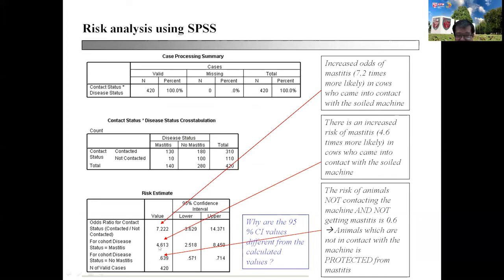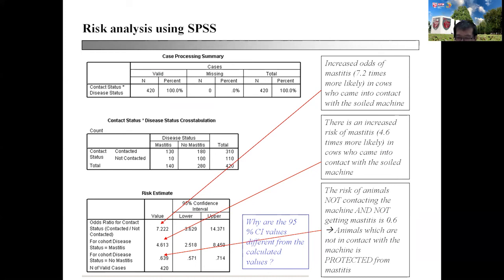So 4.6 is reporting about risk. 7.22 is reporting about odds ratio, whereas 0.6 is more or less an inverse of this particular risk calculation. It simply tells you that if the animal did not come into contact with the machine, it is protected against mastitis. And for this particular table, only values that are statistically significant will be reported.